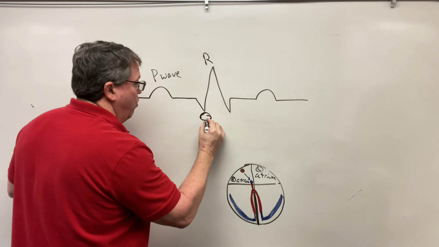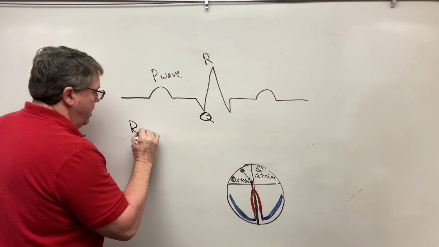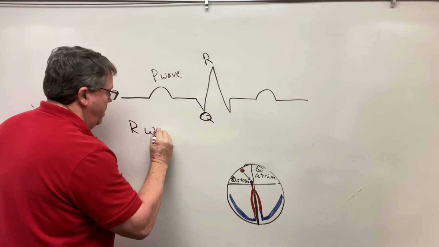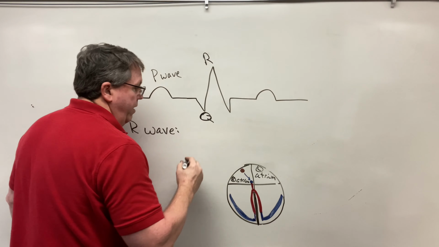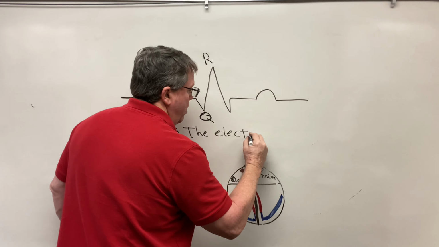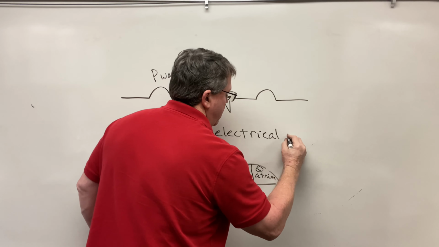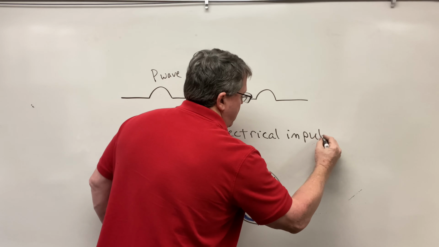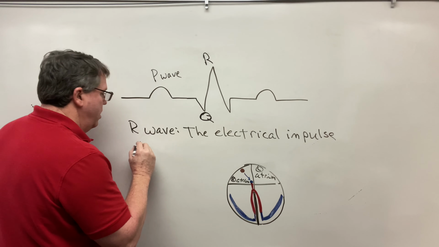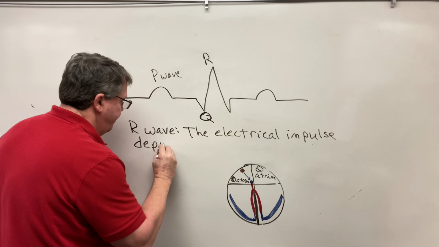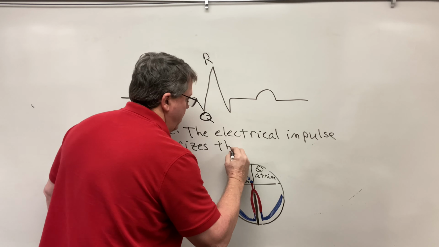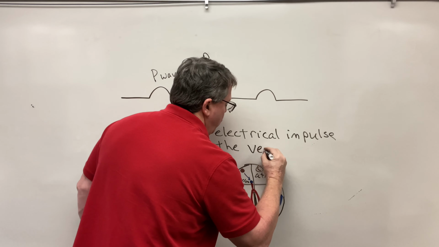So in the R wave, the electrical impulse depolarizes the ventricle walls.